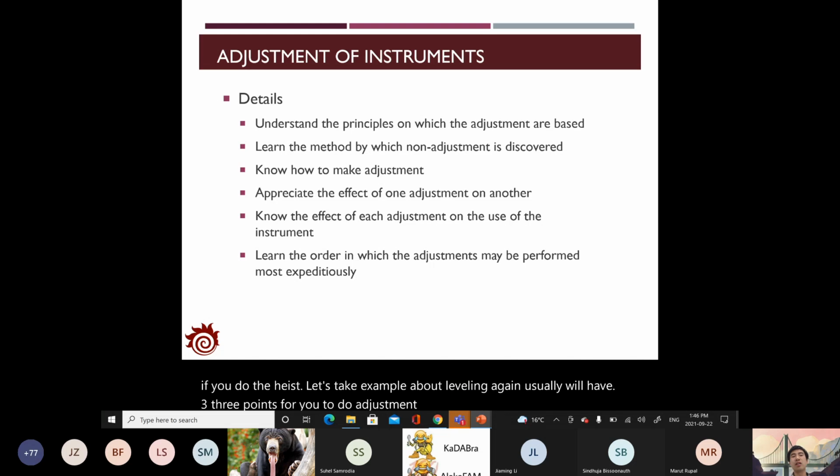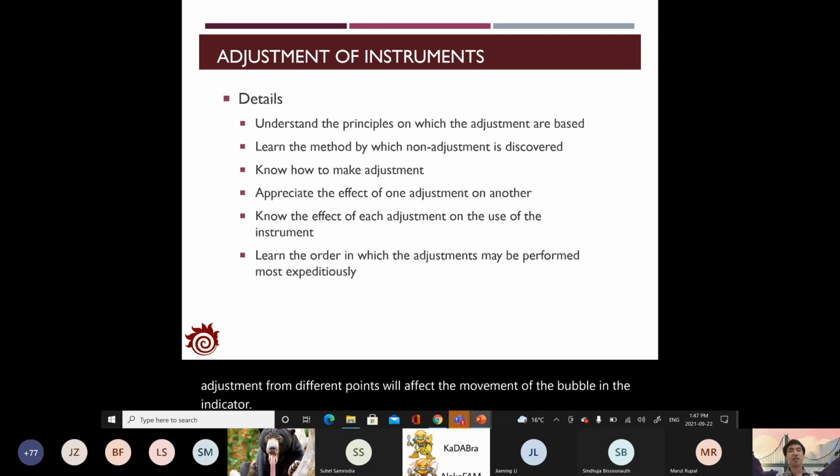You can adjust two points to move the location of the bubble, but that may not make the bubble move to the center. So you need to adjust the third one, but this will also move the bubble in another direction. And you have to know how the adjustment from different points will affect the movement of the bubble in the indicator.